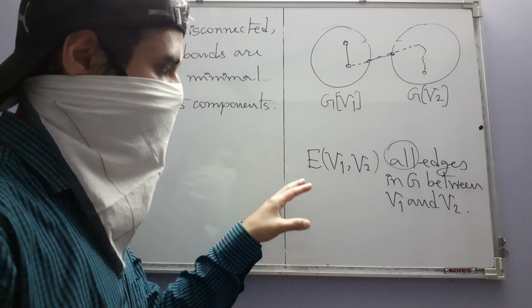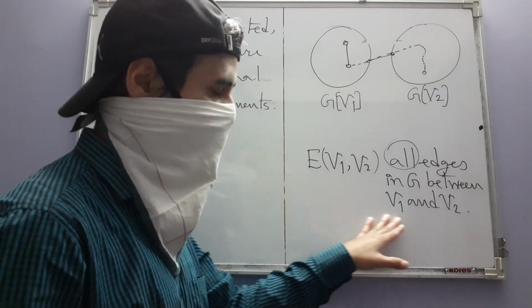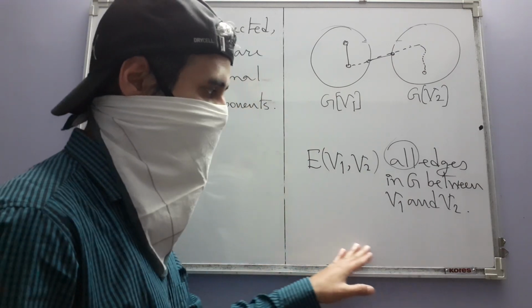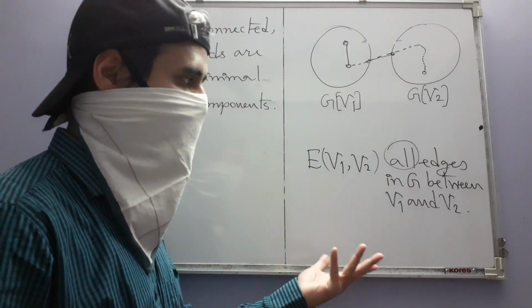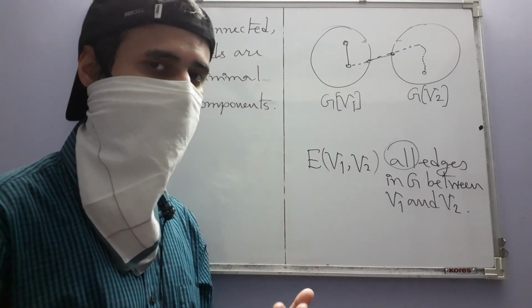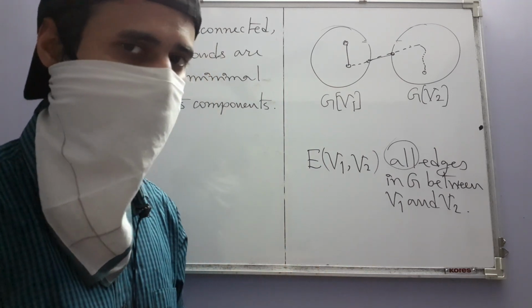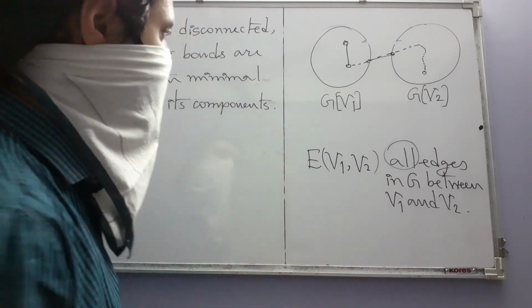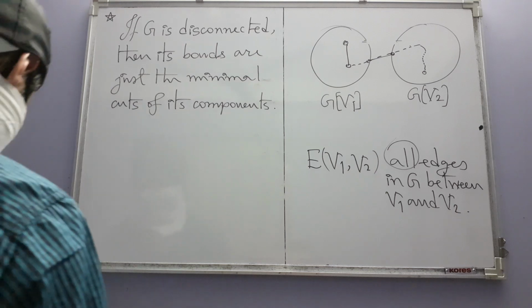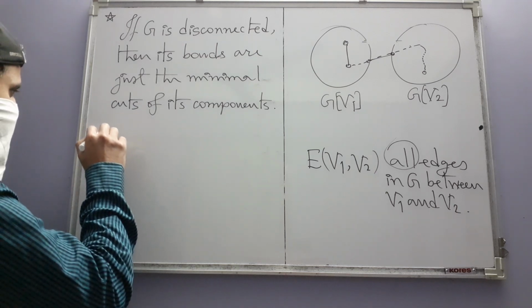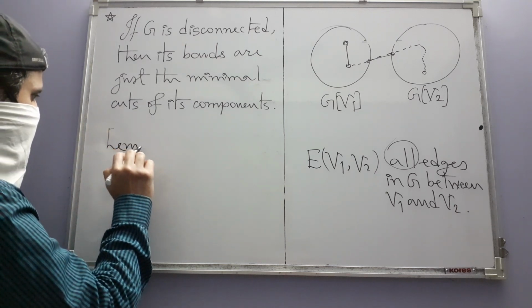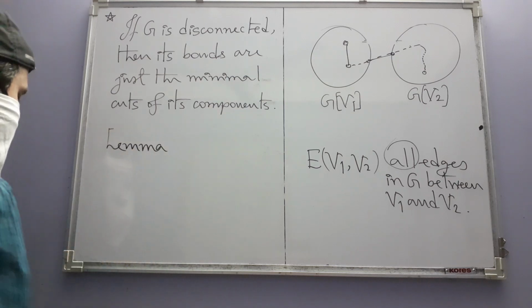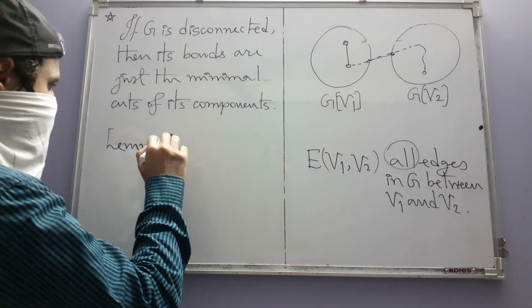In fact we found that in the cycle space, every vector is a disjoint union of chordless cycles. Now here the bonds are going to do something similar. So that is the next lemma. This is lemma 194.